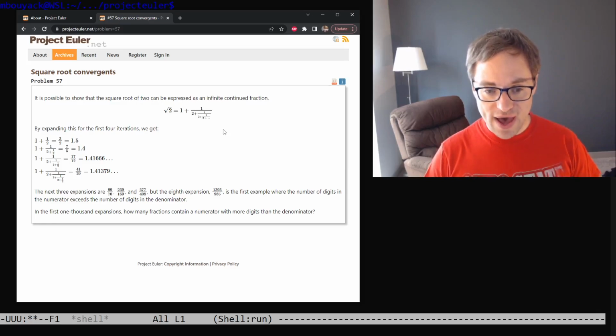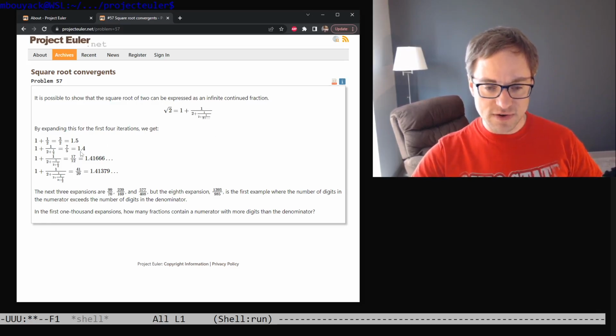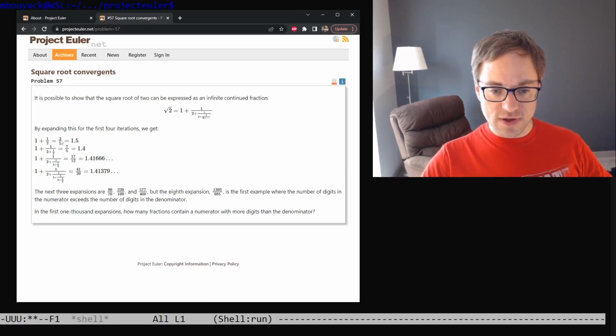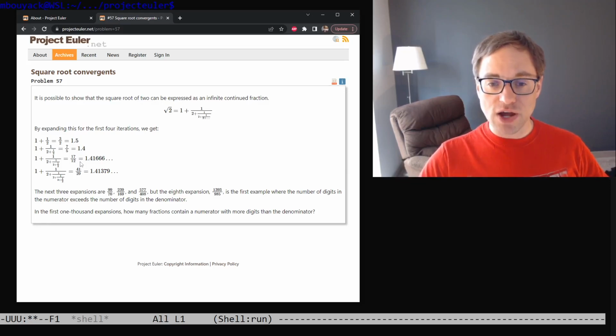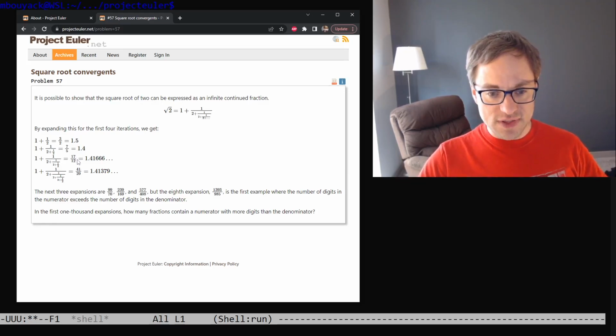The question we're asked is that if we consider this sequence of partial evaluations represented as fractions, we'll notice that most of the time the top of the fraction, the numerator, has the same number of digits as the denominator, the bottom of the fraction.